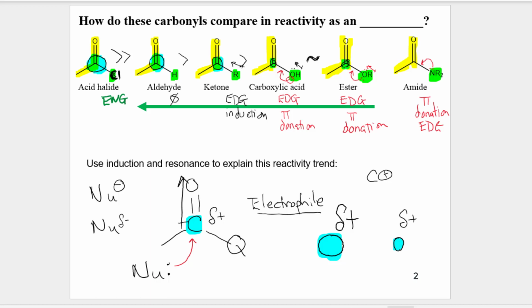So it's a better pi donor, more willing to donate. So that really depletes the electropositivity of our carbon. And this is like a little dot. So amides are the least reactive of all. Doesn't mean we can't do chemistry with them. It just means that they're the least reactive of all of these carbonyls.